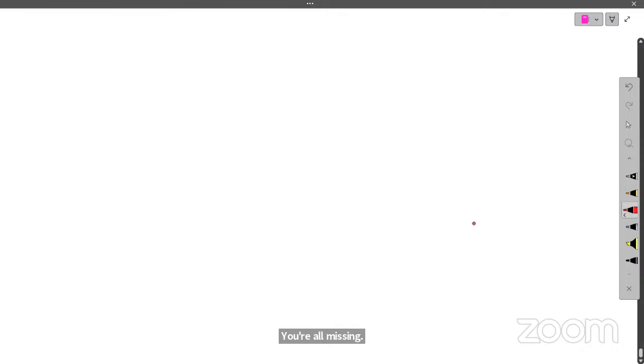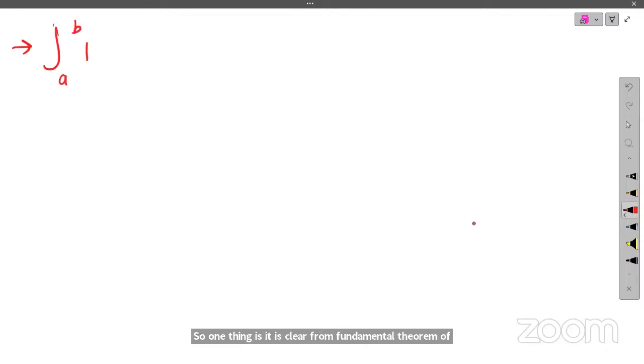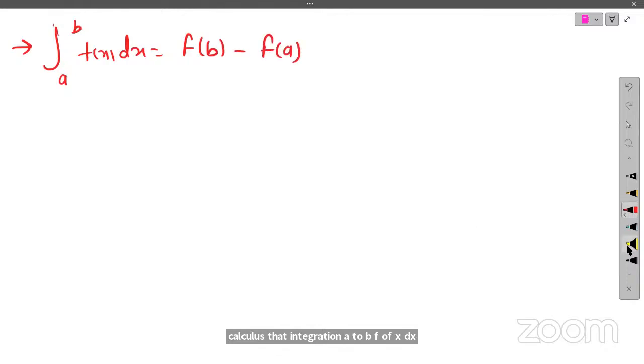Fine. So it is clear from the fundamental theorem of calculus that the integration from a to b of f of x dx is equal to f of b minus f of a. Now, as we have some rules for distribution of limits over addition, multiplication, and quotient of functions, the same thing we have for integrals.